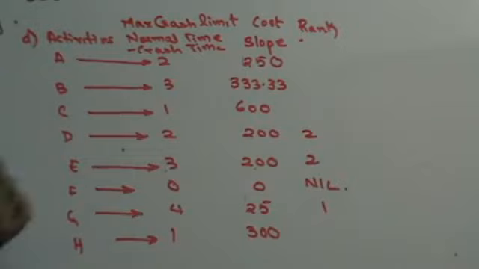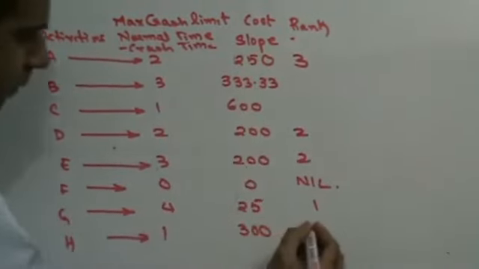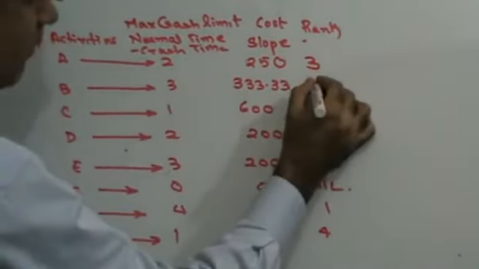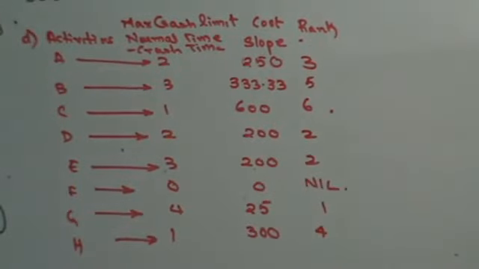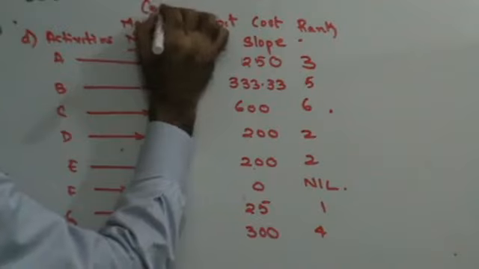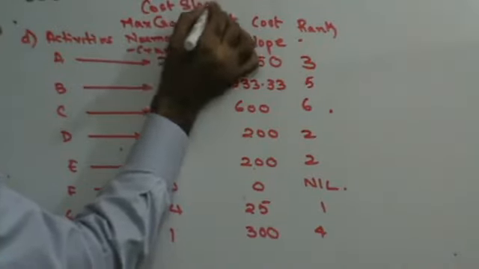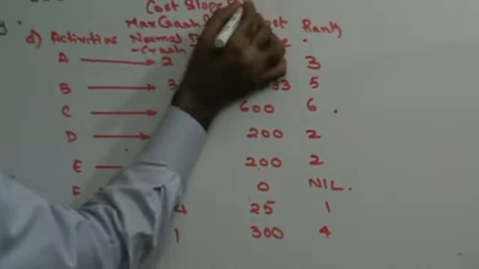Then you have 250, third rank, fourth rank, fifth and sixth rank. So this is my cost slope table. First thing that you need to do is make a cost slope table. Can you write that in the box? What, the cost slope table? This is the cost slope table.